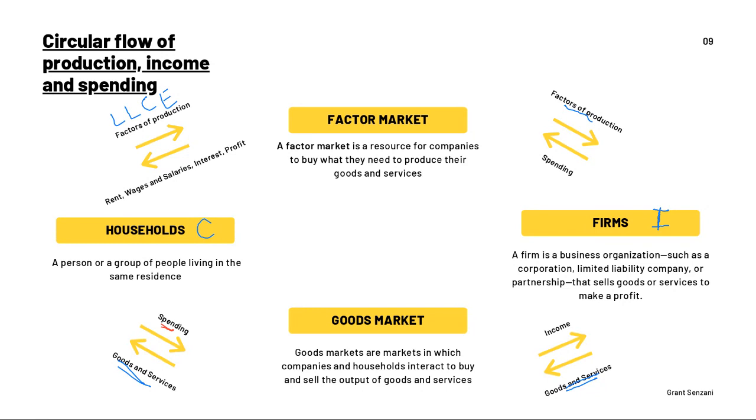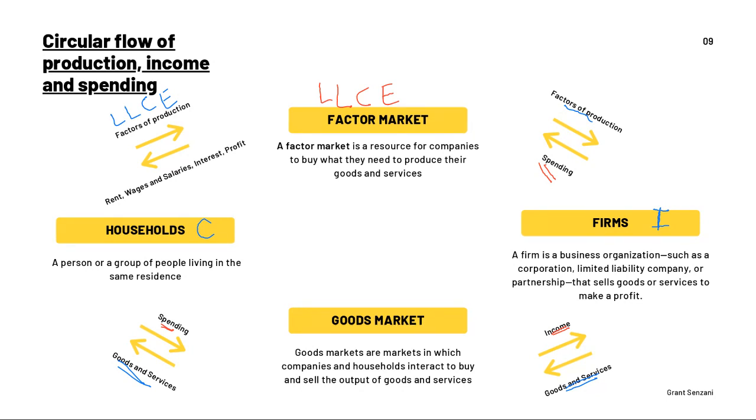As they spend on goods and services, this forms income to firms. Then firms spend that income in the factors market, which has your labor, land, capital, and entrepreneurship.